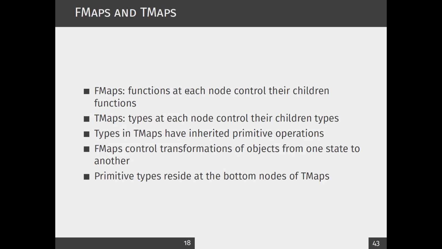Whereas in T maps, we have types, and each type controls its children types. In T maps you have very primitive operations, and F maps control the transformation of objects from one state to another. Primitive types you will usually see at the bottom of T maps.